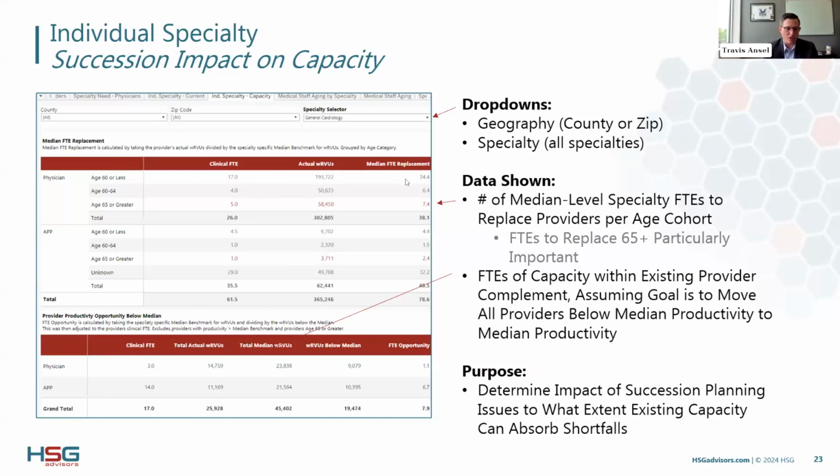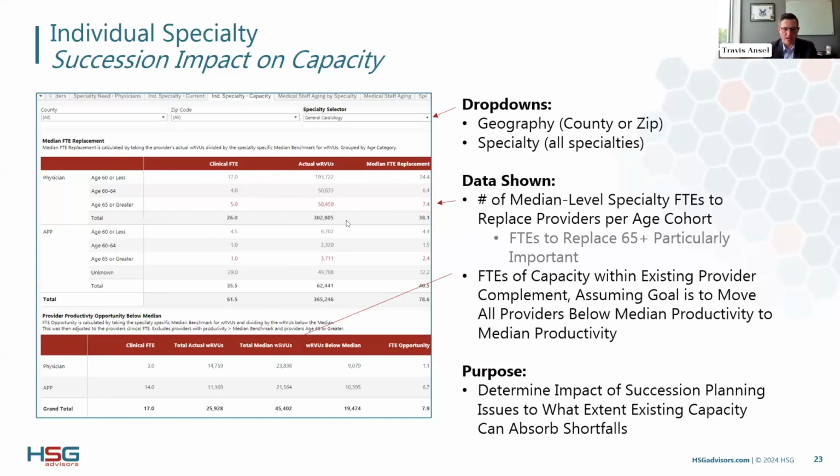So these 17 are essentially 25 median level providers. We're not too worried about that because they're all under 60. They may leave the market for other reasons that would be challenging to plan around, but certainly not because of age. Whereas these 5 providers who were age 65 or older are producing about 58,000 work RVUs.